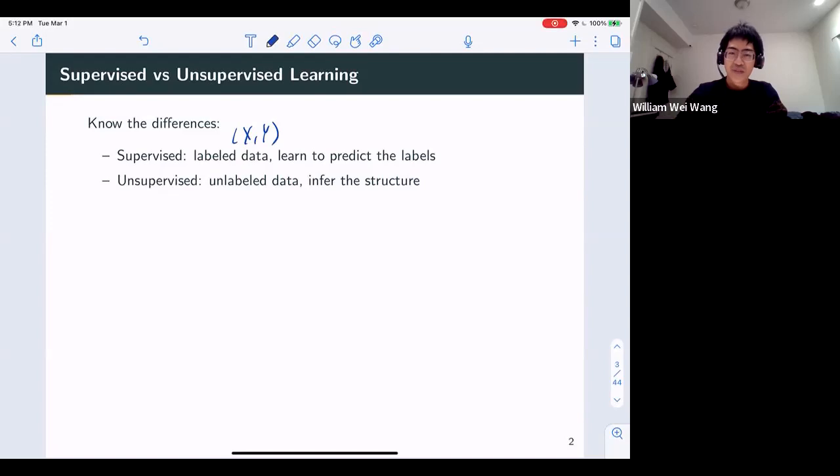In unsupervised learning, you usually just have an x, and then you want to somehow infer some structure about the x's, like finding a clustering of these x's. That's one example.